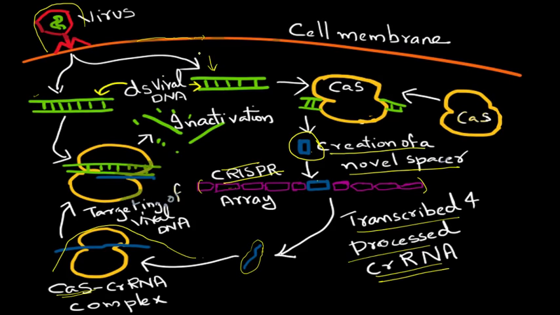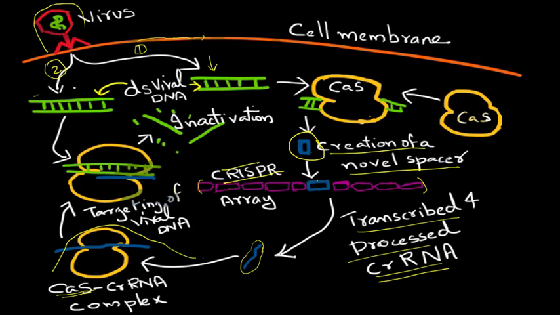The first scenario was the virus infected, its DNA entered the bacteria, and a novel spacer was formed, and the novel spacer was transcribed, and it is sitting here and ready to act along with the Cas. Now this is a second virus, the same virus or a similar species of virus. It has infected it again, and this is the first and this is the second time it is coming.